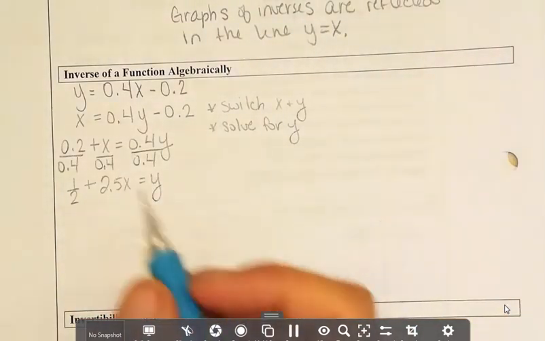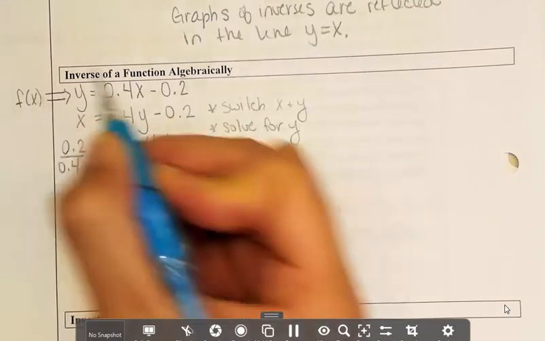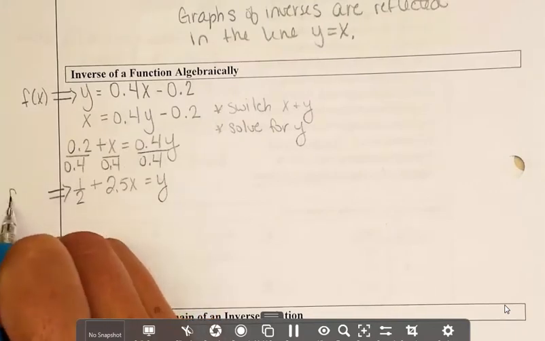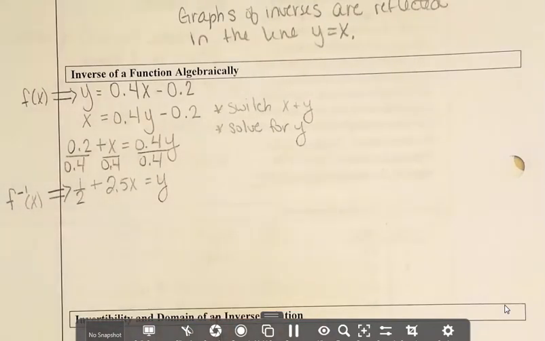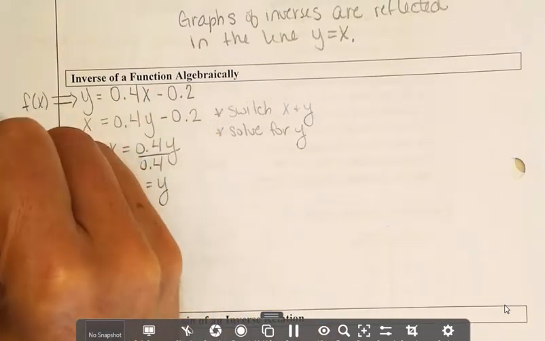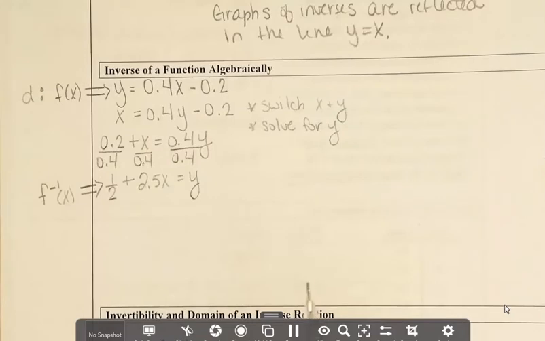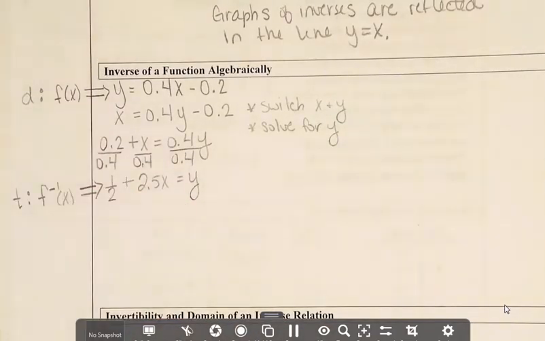If I say that this function here is f of x, then what I've just found is the inverse function, which is f inverse of x. Again, this was my distance function, and this here is my time function, and they're inverses of each other.